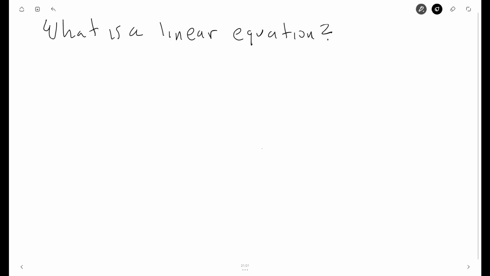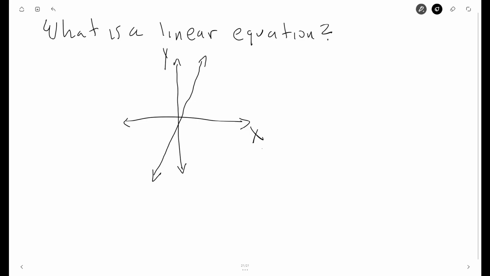So looking at a graph, a linear equation looks something like this. It's a straight line, and then you have two variables. In this case, I'm gonna call the horizontal axis x, and the vertical axis y.